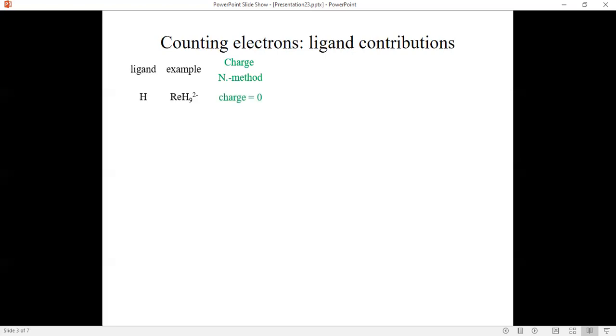Now, having kept that in mind, we can also determine the charge in the oxidation state method. In this case, you need to cleave the bond heteroleptically. The oxidation state method always does that. So what charge does the ligand then have?